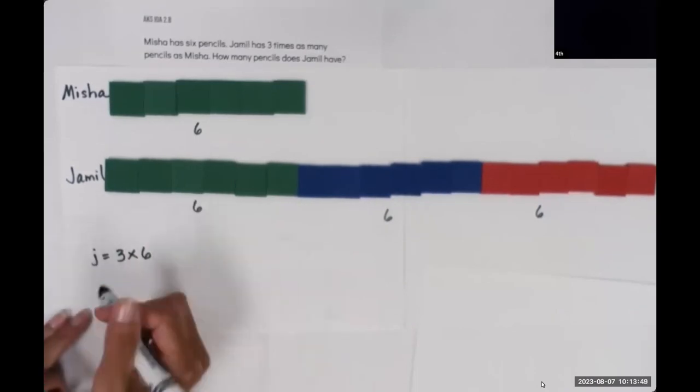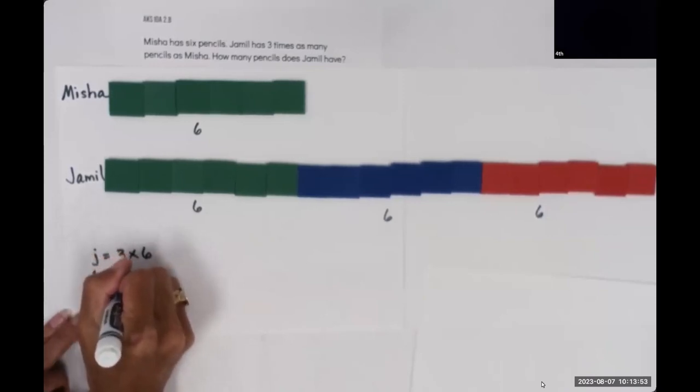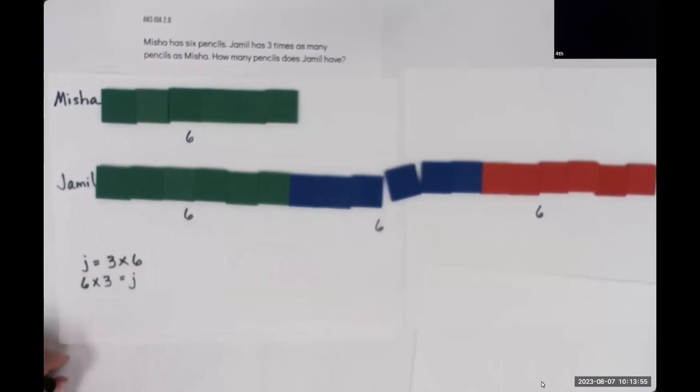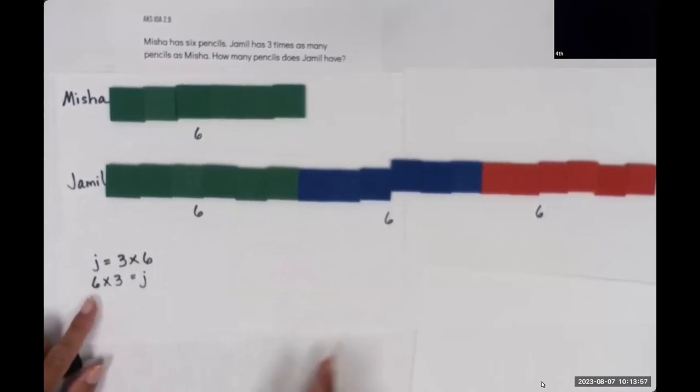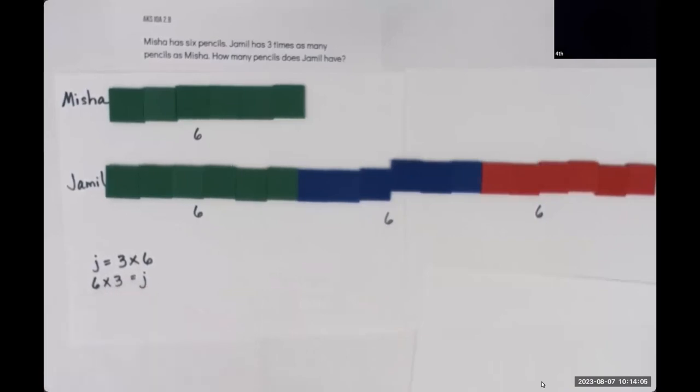Okay, I could also write this as 6 times 3 equals J. So Misha has 6 pencils and 6, 3 times, because Jamil has 3 times her amount, is Jamil's quantity.